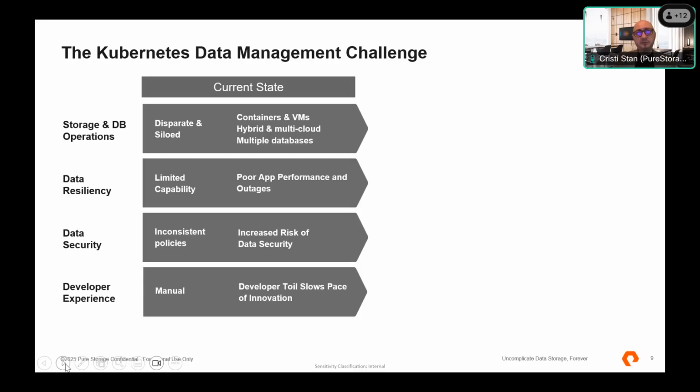Data security is very important. A lot of customers who are migrating applications to Kubernetes, and are using persistent data in Kubernetes, are checking the data security. Why? Because it's the same concept as in a traditional world, like in VMware, or bare metal. I need to control how I'm accessing my data.